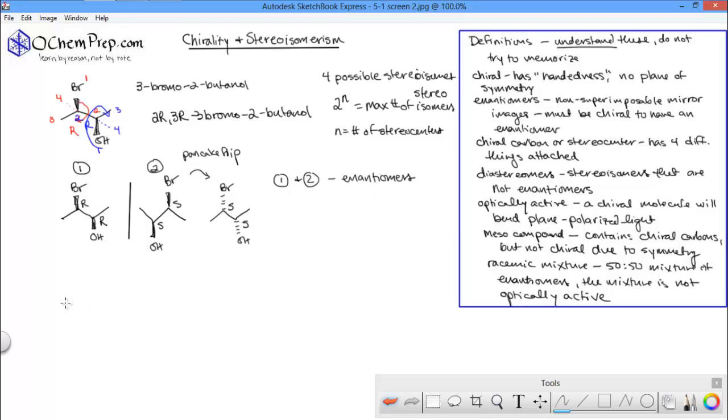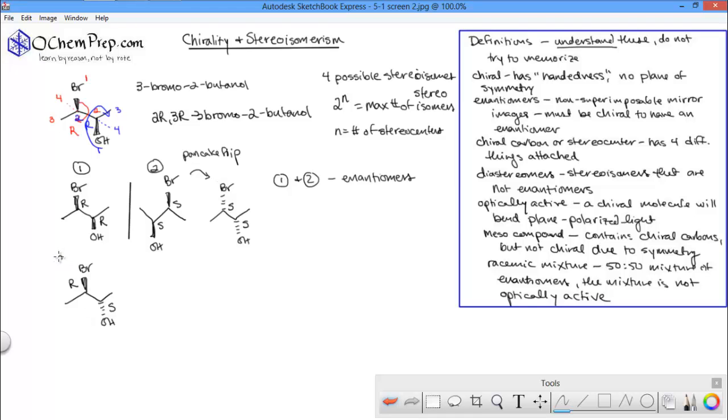Now, if I look at a different stereoisomer of 3-bromo-2-butanol, I'll keep the bromine in the same position, but I'll switch the OH around so the OH is going back. Now, if we go through and do R's and S's, of course, this carbon will be the same. This should be R, and this is opposite, so this is S. Now, these two are not enantiomers of each other, but they are stereoisomers of each other.